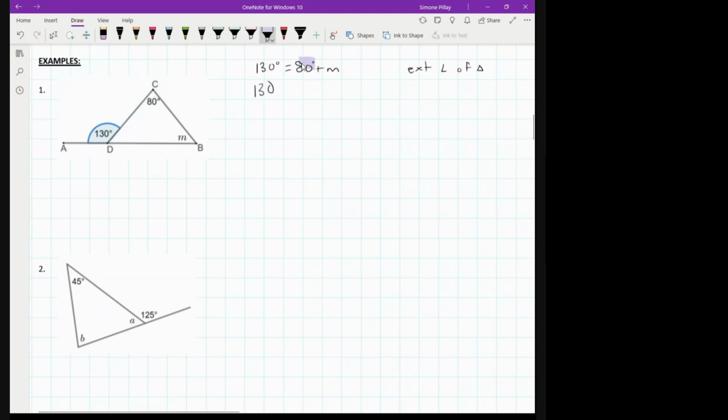So we see this 80, we don't want it on the side with my variables. We transpose. When we transpose, my sign changes. Negative 80 equals m. And ma'am, 130 minus 80 is equal to 50, and then m is equal to 50.